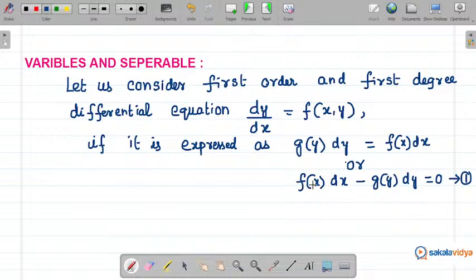Here f and g are continuous functions of a single variable.